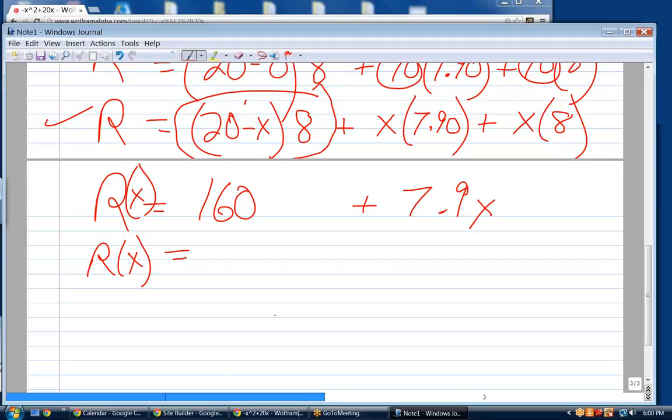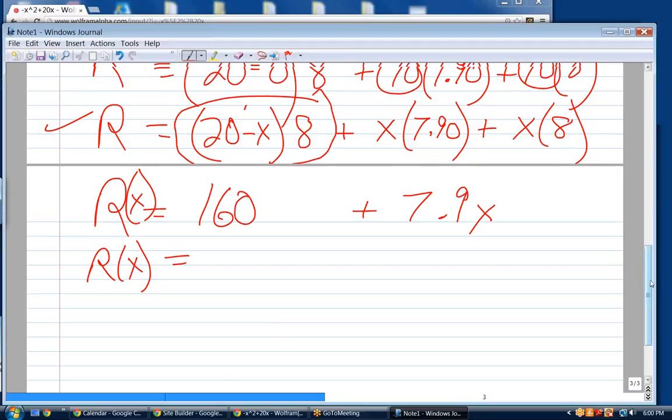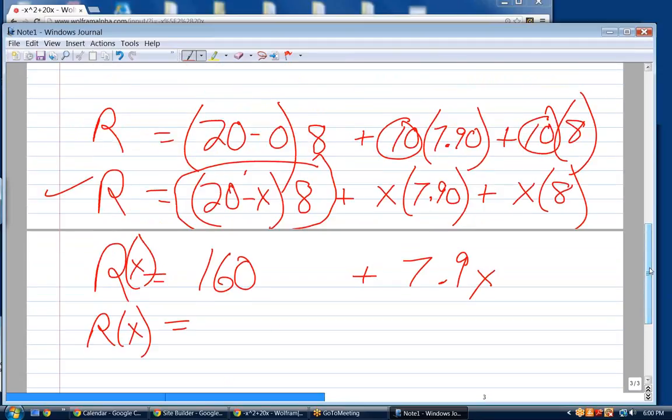Okay, let's go back and redefine our revenue function here. X, I said, was the number of new members recruited. That's not really correct, is it? Because that would mean the most we could have is 20.